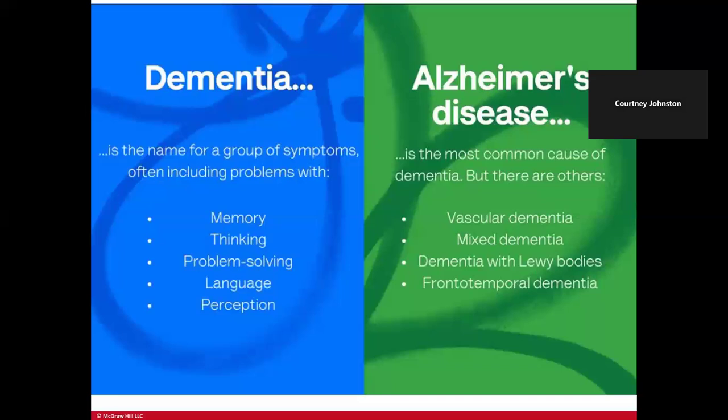There's others as well: vascular dementia, mixed dementia, those with Lewy bodies, and frontotemporal dementia. Also, TBIs, substance and medication use, HIV infection, prion disease, Parkinson's, Huntington's, as well. So these underlying conditions or diseases are what cause the symptoms of dementia.